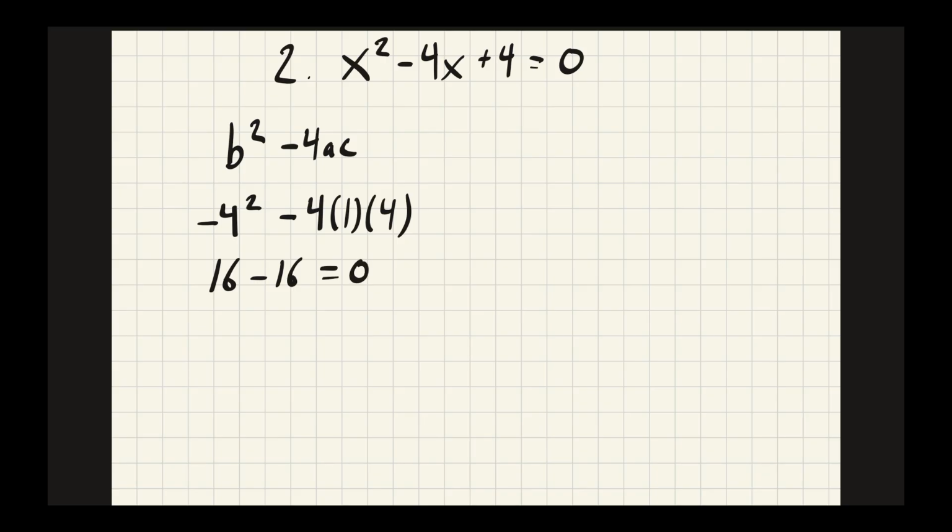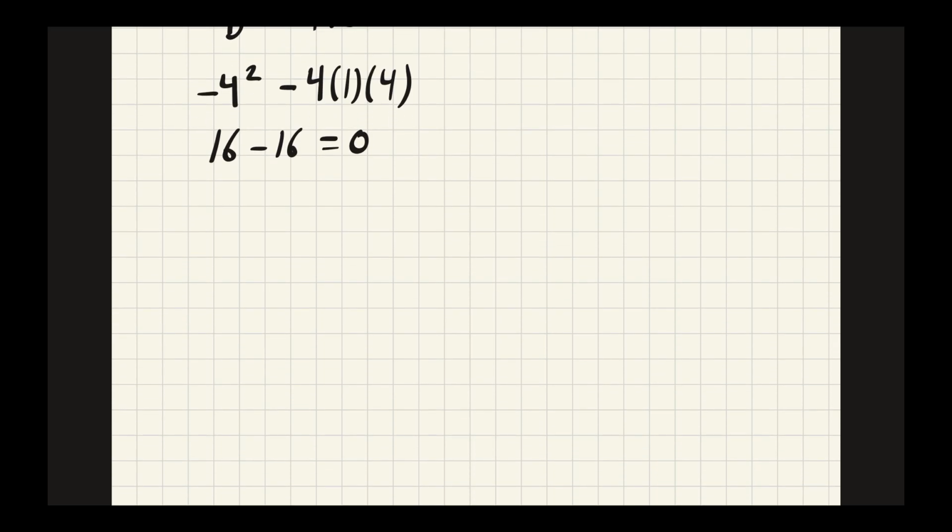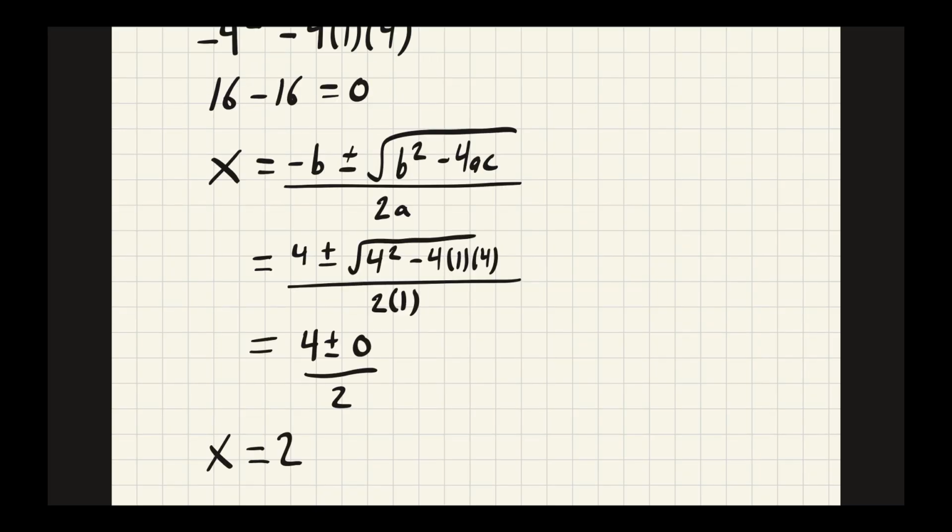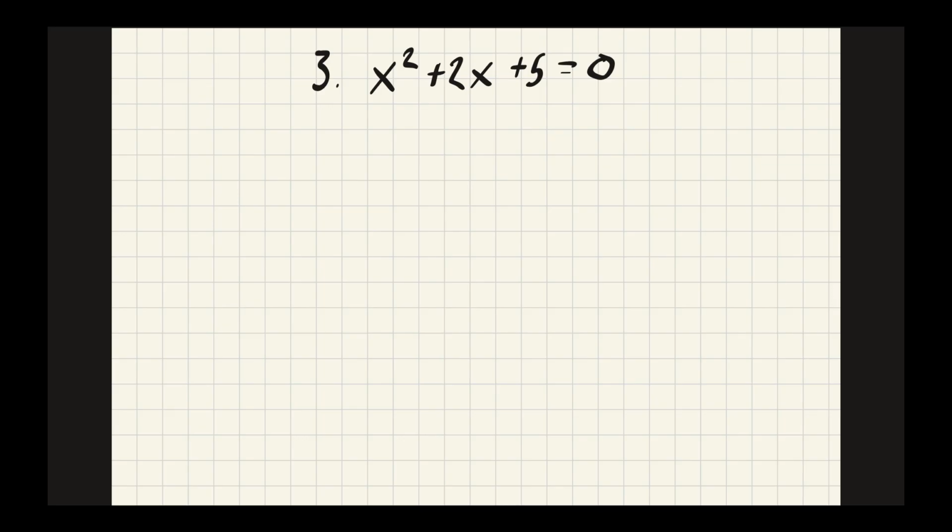So we're going to get 1 real root. So let's check that now. After plugging all that in, you can see that we get x equals 2 as our one and only answer.